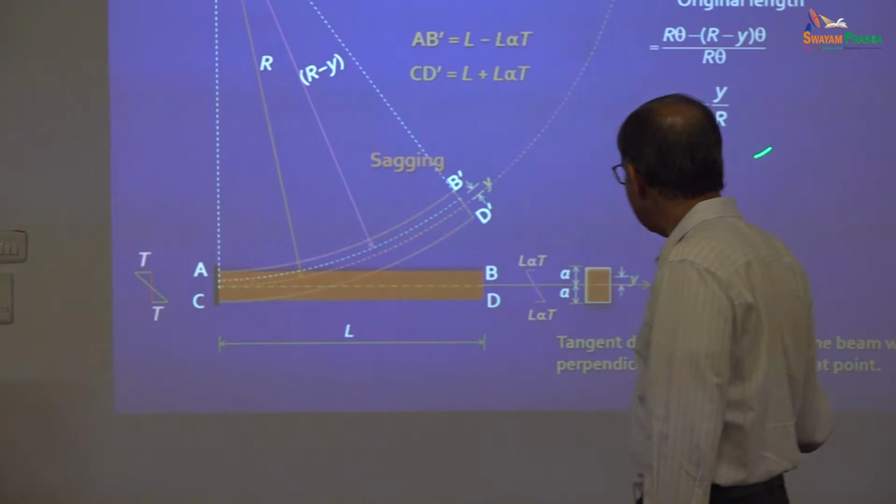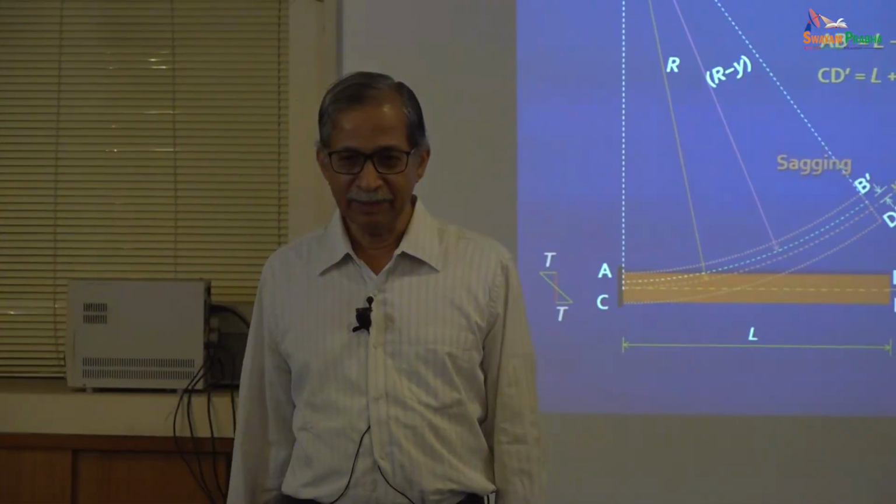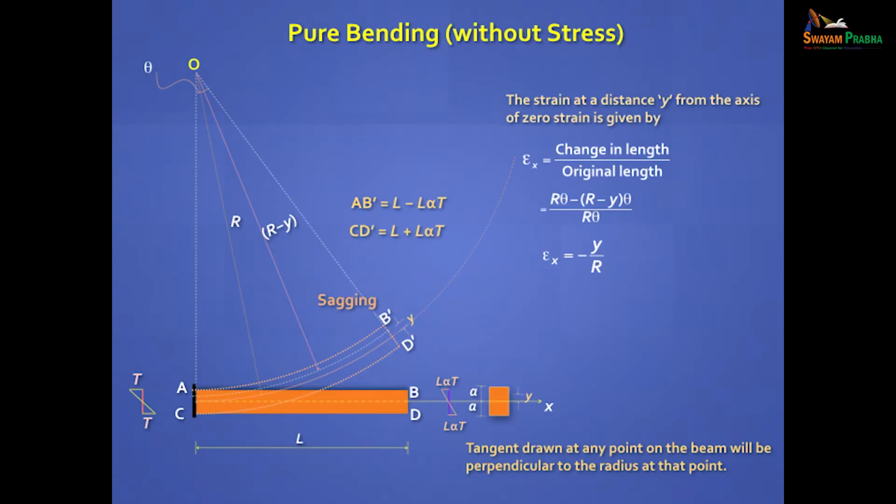What does this tell you? r is a constant for this entire beam. Y changes with the location vertically across the section. When y is equal to 0, there is no strain.